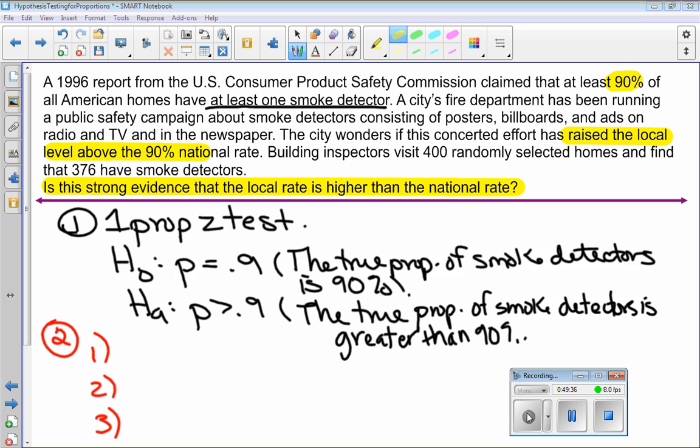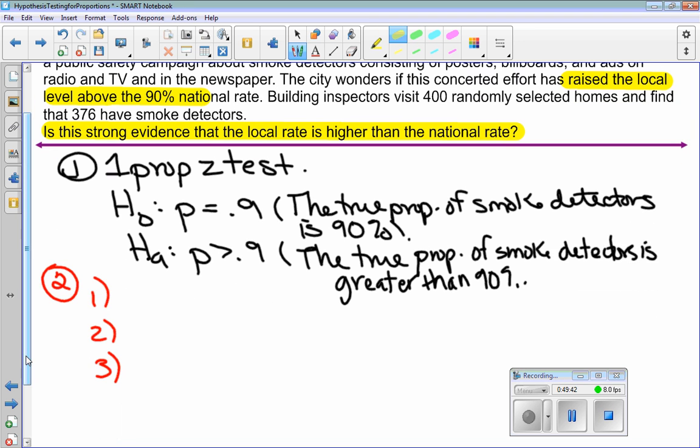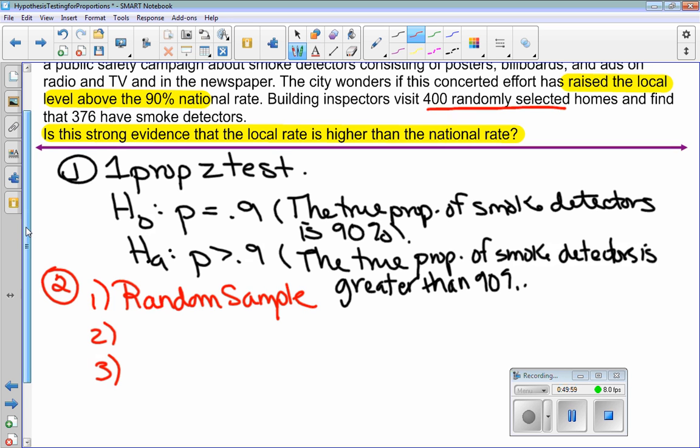Did you have a question, Sean? Are you sure? Yeah. Okay. All right, so we should probably say that. Well, now, it does say specifically that the sample was randomly selected, so we know that the sample was collected randomly. It states it in the problem. Number 2 is what Charles was asking about, the 10% condition.